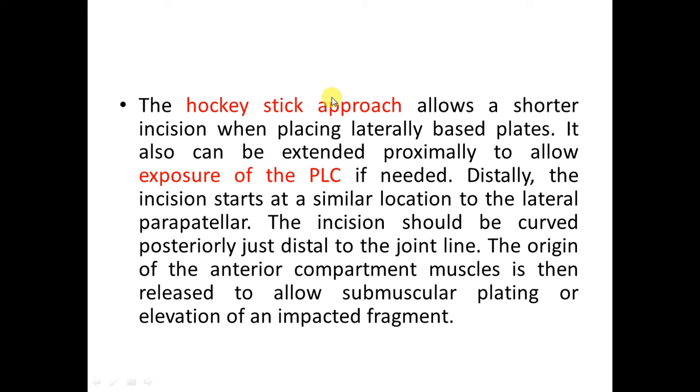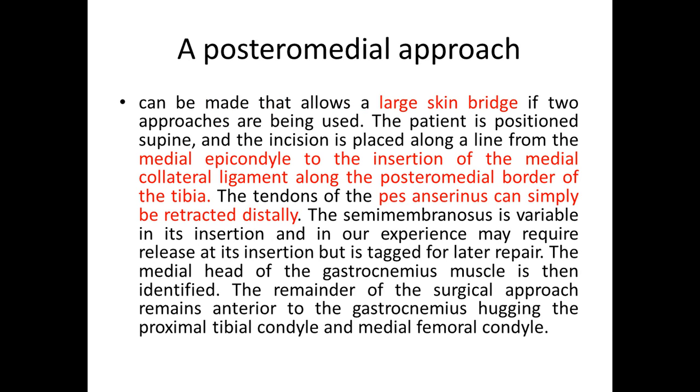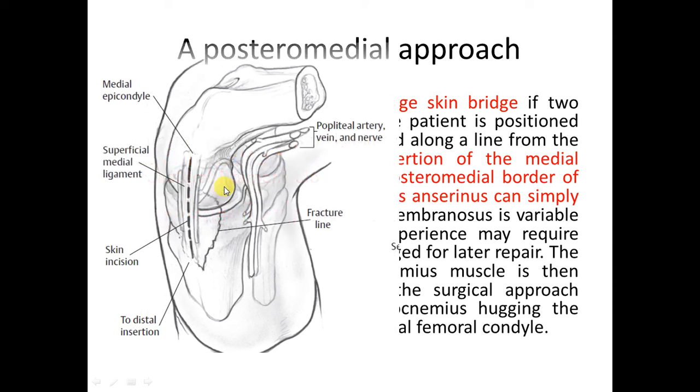The hockey stick approach, the extended part of it, is to inspect the posterolateral corner. For the posteromedial approach, in the axial CT, if you see a posteromedial fragment and you can't reduce it indirectly, you have to open and reduce it directly.